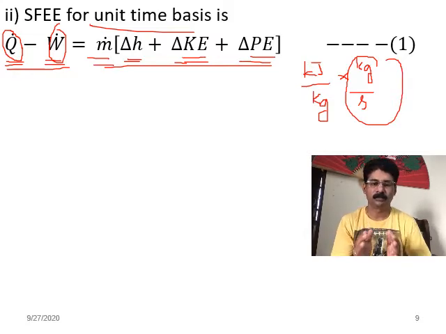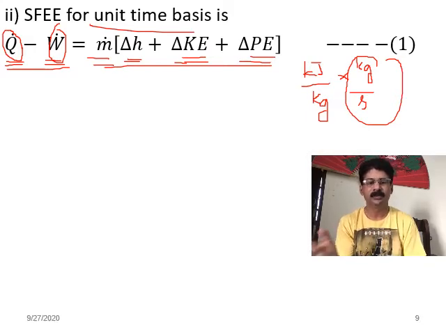In per unit time basis, Q and W should be in kilojoules per second, and on the right hand side, the sum of delta H, delta KE, delta PE should be multiplied by the mass flow rate. Suppose your other form is kilojoules per kg basis.